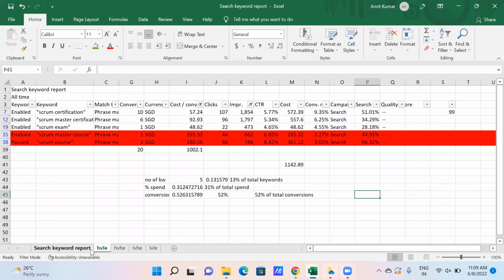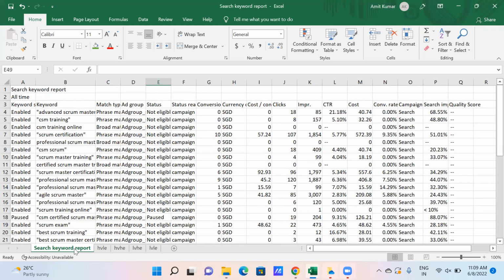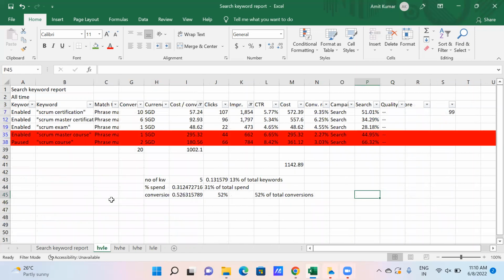After putting up the filter, the first thing that I did, which is very common, is calculate the median for impression and cost per conversion, which came out to be 48 for cost per conversion median, and impression median is 99. So in high volume, low efficiency, all my impressions are more than 99, which is my median for impression, and 48 is my median for cost per conversion.